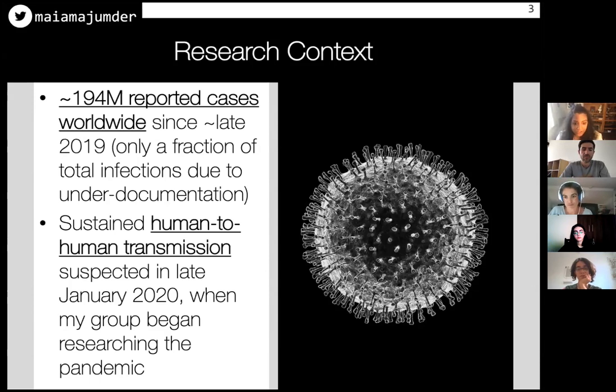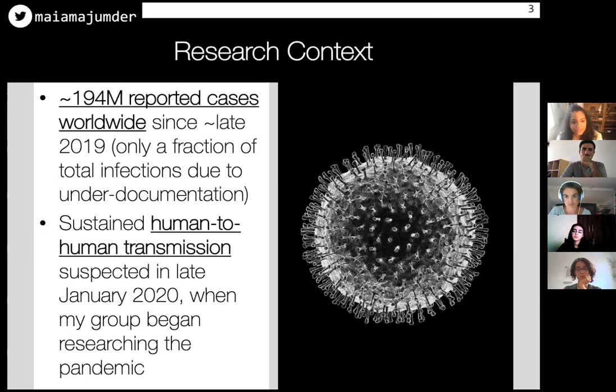Another reason for underdocumentation in the early days of the pandemic was simply because cases were often misclassified. The earliest cases of COVID-19 presented as pneumonia, which can have many causes beyond SARS-CoV-2, and may thus have been diagnosed as something else at the time. As is an issue with any novel pathogen, there's a learning curve associated with discovering even the most basic attributes of its characteristics in humans and its behavior in populations.